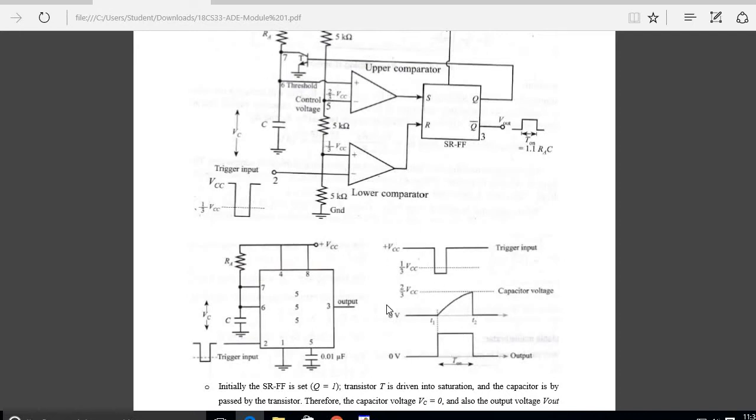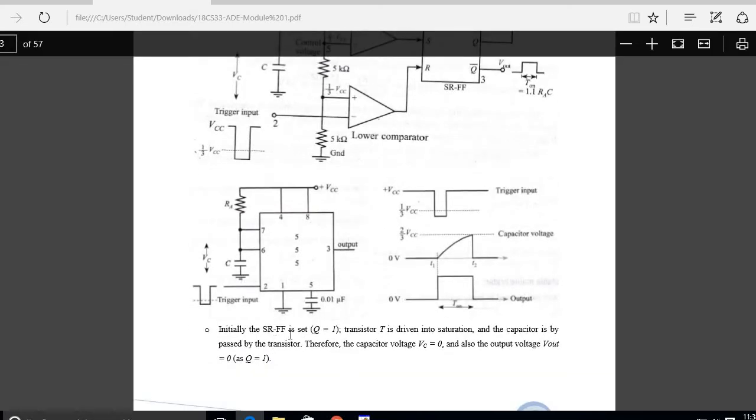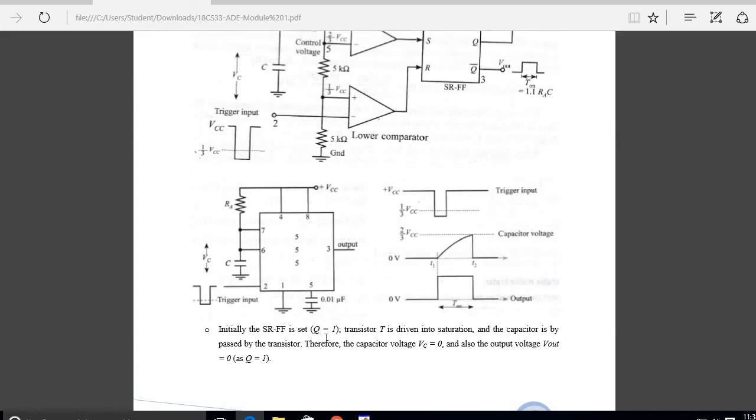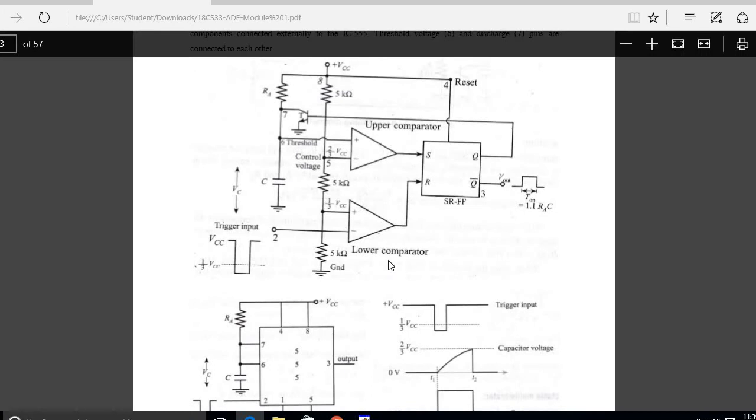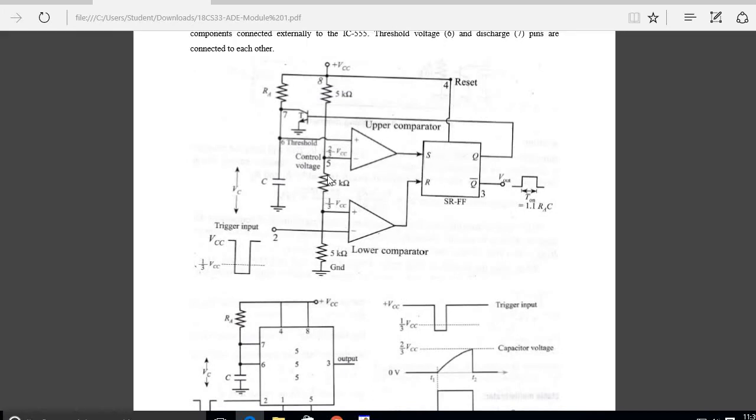These are the waveforms of the monostable multivibrator. We will see the explanation and working. Initially the SR flip-flop is set, Q is 1, which means it is in the set state, and transistor T is driven into saturation. See here in this diagram, this is the flip-flop, and these two are the comparators or operational amplifiers.